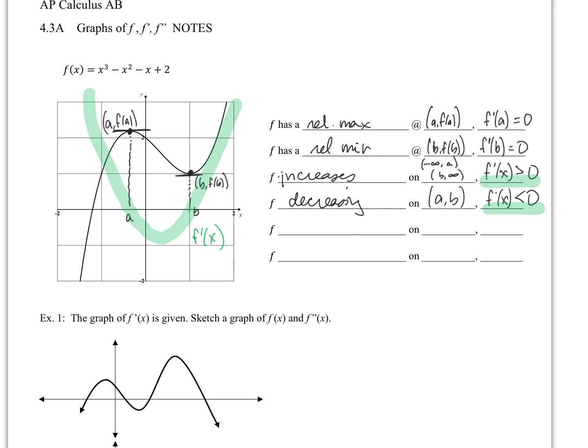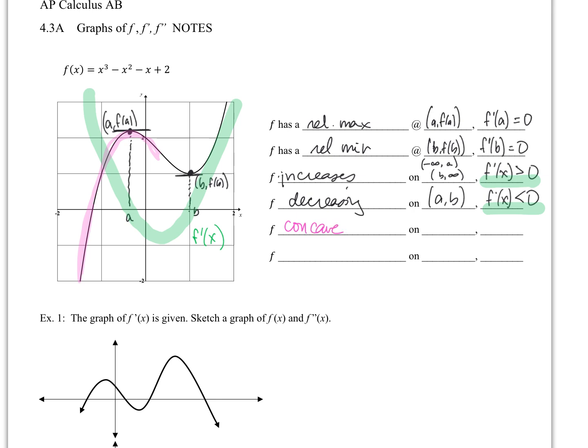Okay? Now, I'm going to switch colors on my highlighter, and I'm going to talk about concave down. We talked about this a little bit in yesterday's lesson. It's concave down here. And that's very hard to see. Hold on. Let's try this again. Concave down. I'm highlighting the graph in pink. Let me write that down. Oh, and I shouldn't be writing in green. I probably should be writing in pink.